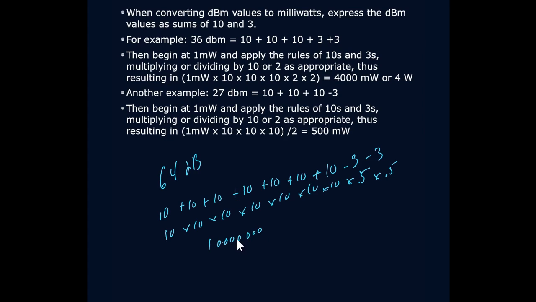So 1, 2, 3, 4, 5, 6, 7. So that's 7 zeros there. So that's going to be 10 million at this point, times 0.5. Okay, that'll be half of that. Times 0.5, so we're halving it again. So that gives us 2.5 million milliwatts.